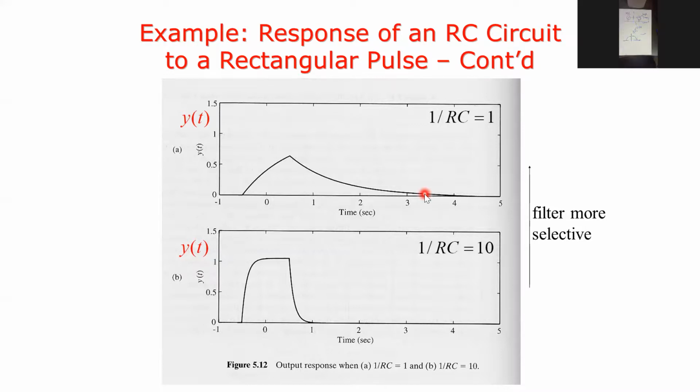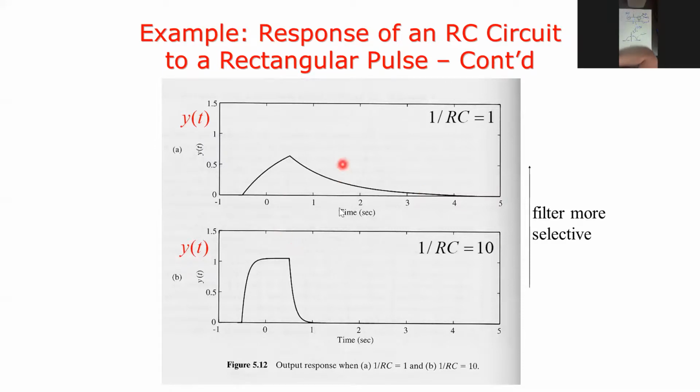This is related to what's called the 3 dB bandwidth. Maybe we can talk about this 3 dB bandwidth later on. This bandwidth is the bandwidth needed to cut the frequencies. I will show you more examples later on in this presentation.